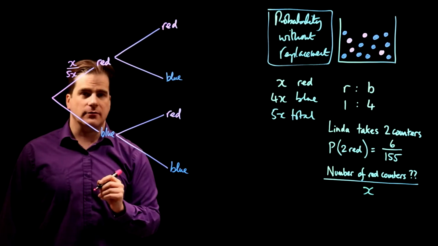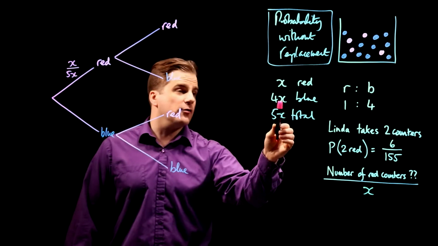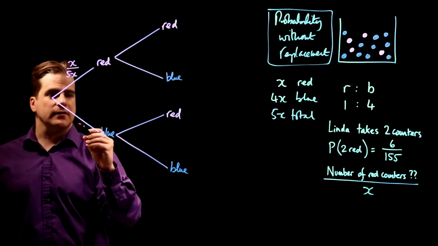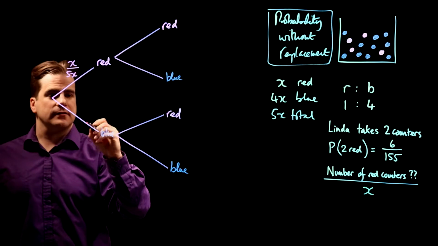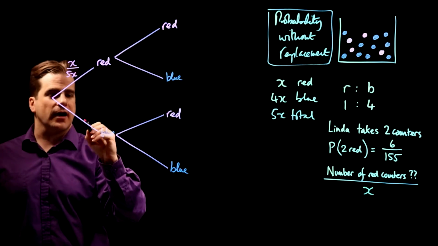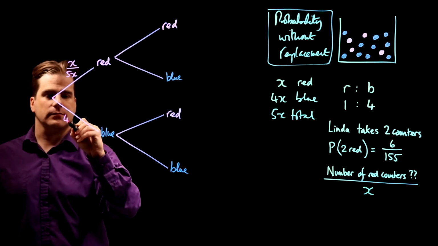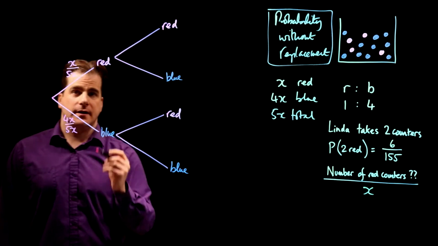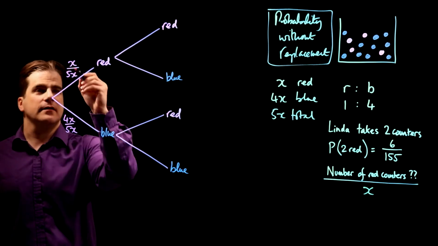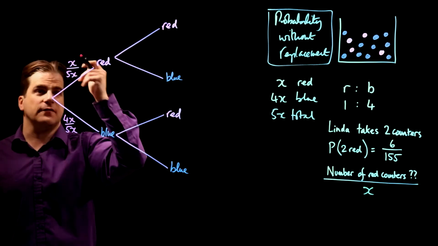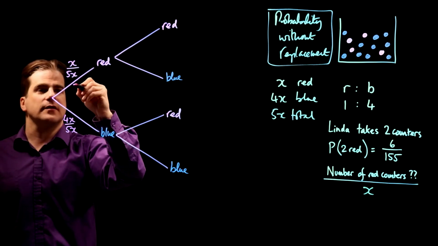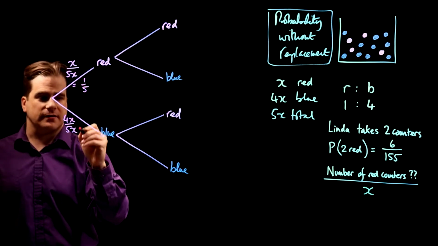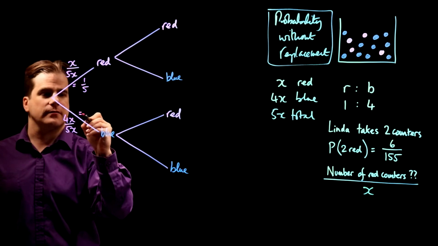Probability of choosing a blue counter with the first pick: there are 4X blue counters out of a total of 5X. These, of course, can be simplified. X's cancel, it's just a fifth. Same as that, X's cancel, it's just 4/5.